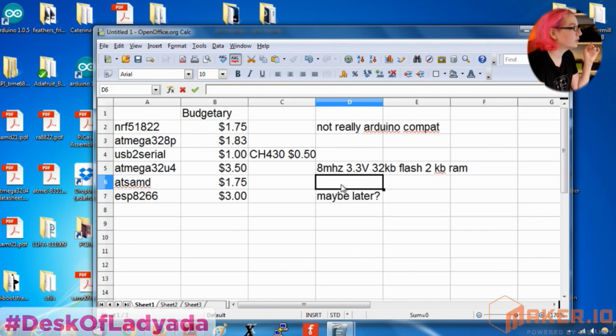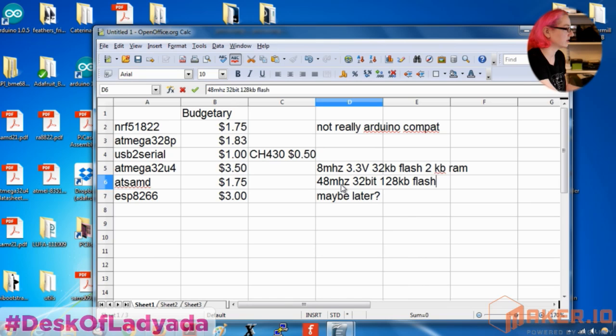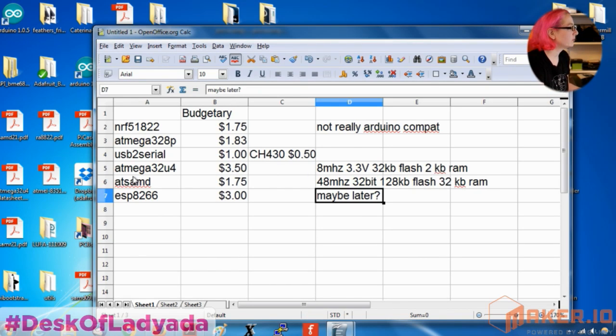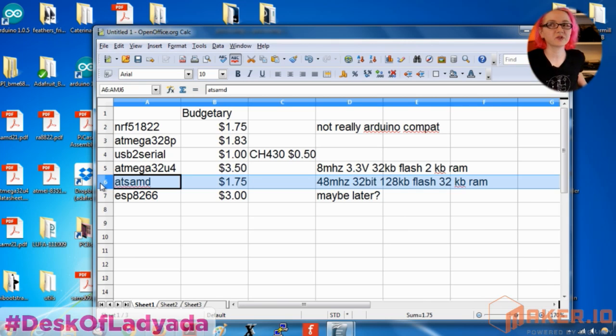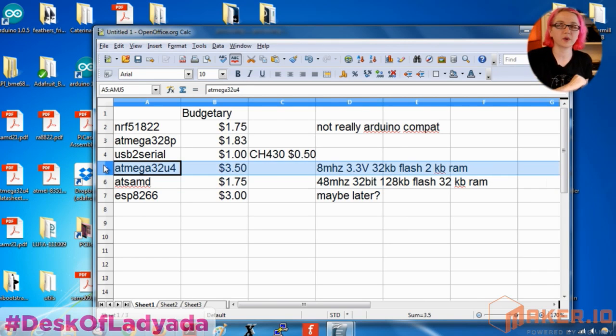It was not as impressive as the 48 megahertz, 32-bit, 128K flash, 32K RAM chip. Even though this chip had more technical functionality, there was a lot more example code that would work with this one. So this is the evaluation.